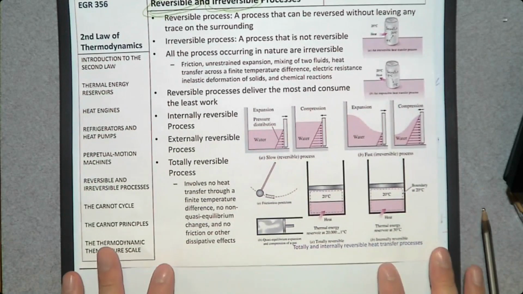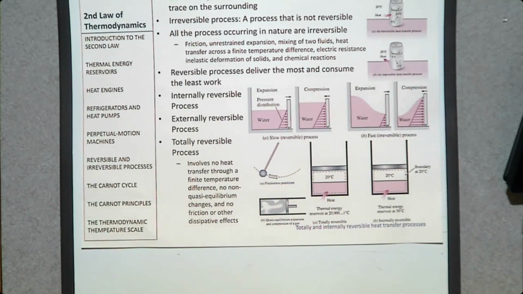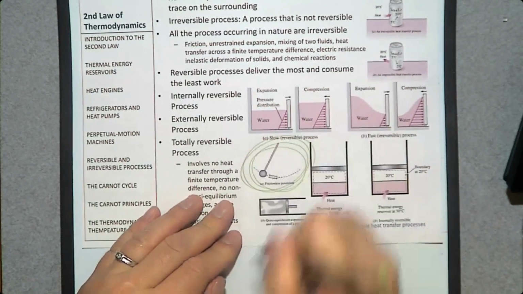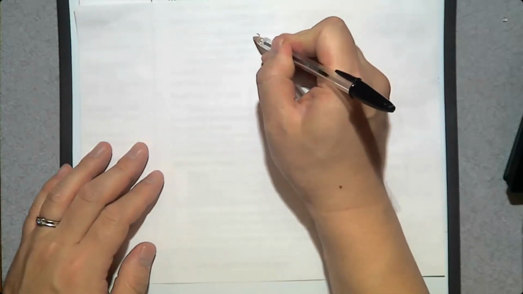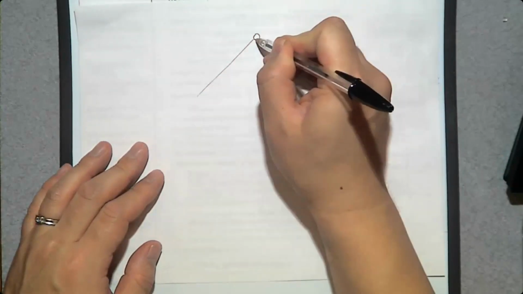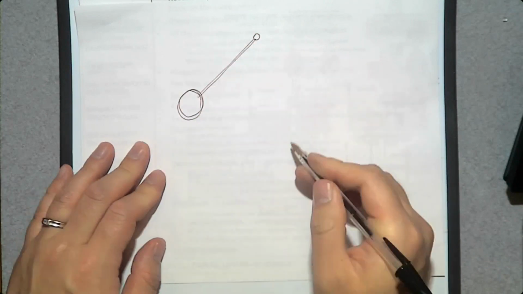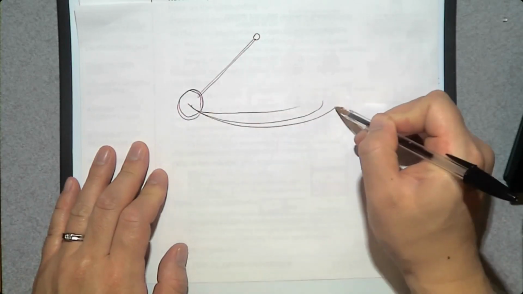Then what is a reversible process? One of the easiest ways to understand the difference is to look at this pendulum. We know how this pendulum works. It moves back and forth.